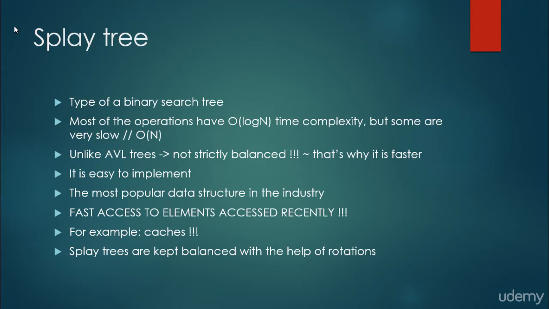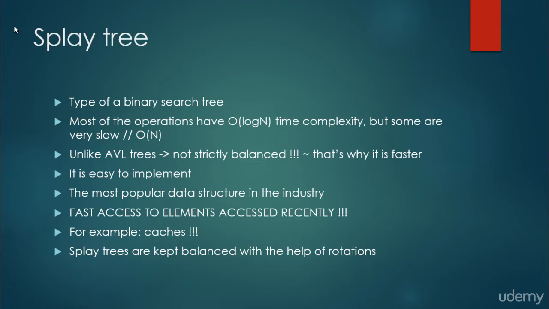Unlike AVL trees, a Splay tree is not strictly balanced, and that's why it is faster, because we don't have to bother with rebalancing it each time we insert or perform any operation on it. And it is very easy to implement. So it's the most popular data structure in the industry, as I said earlier.